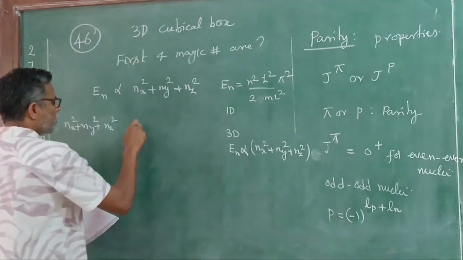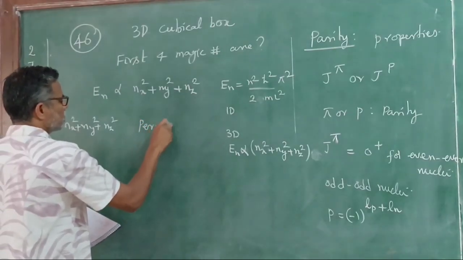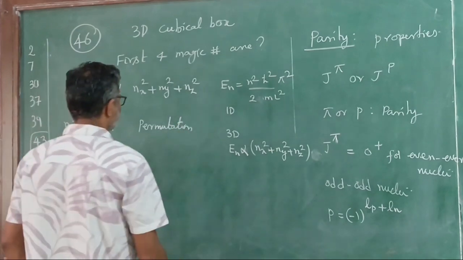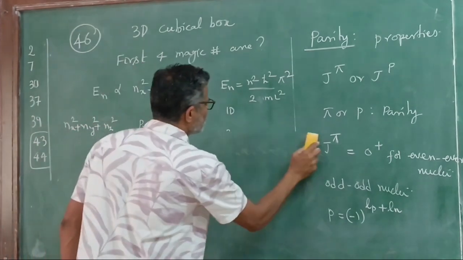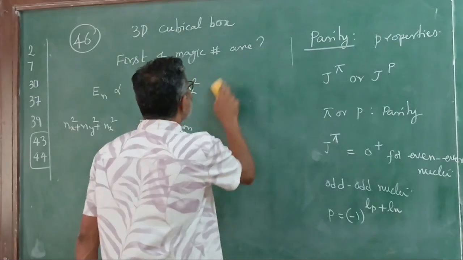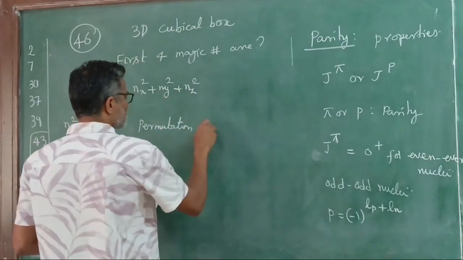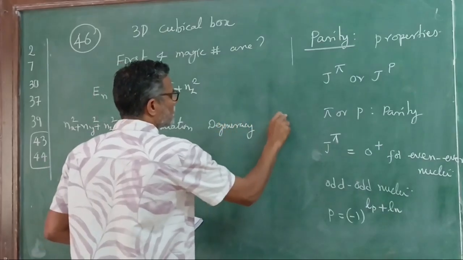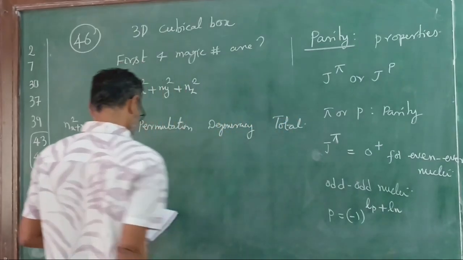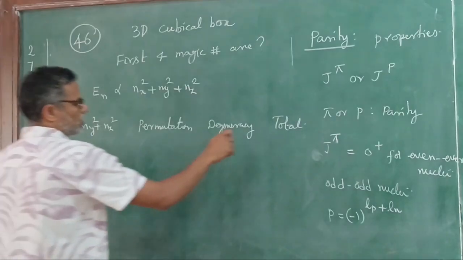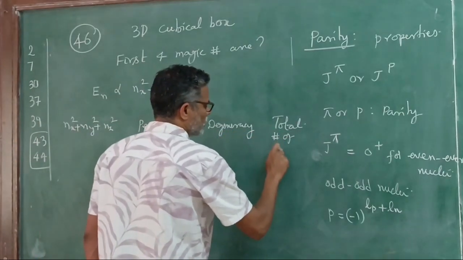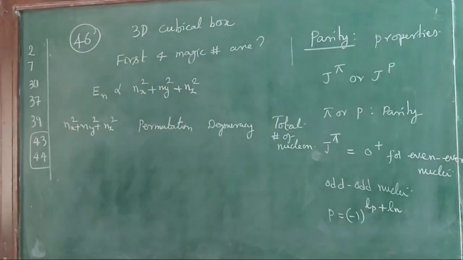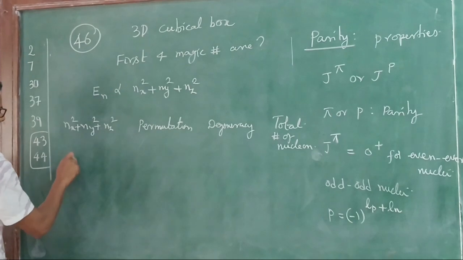So let's make a table: nx square plus ny square plus nz square, then the permutation, then the degeneracy, and then the total number of nucleons, meaning the combination of either protons or neutrons.